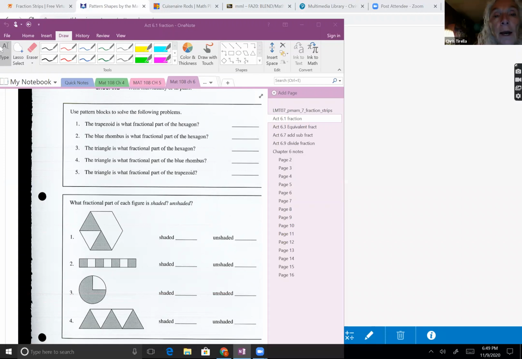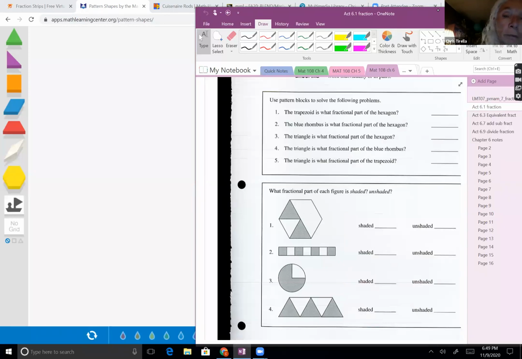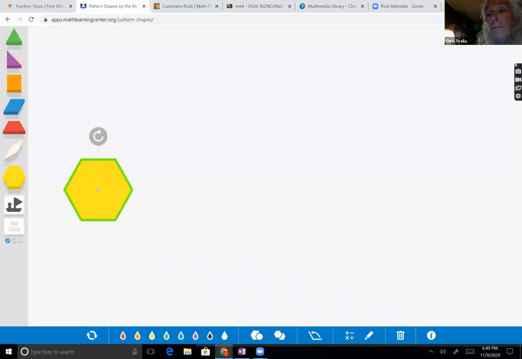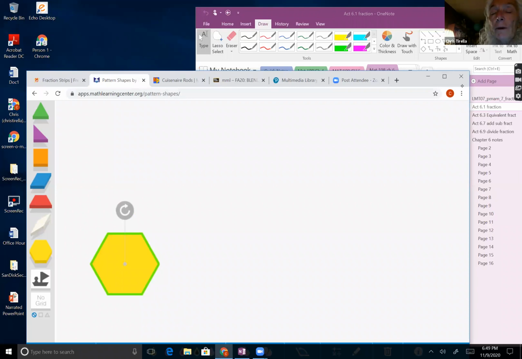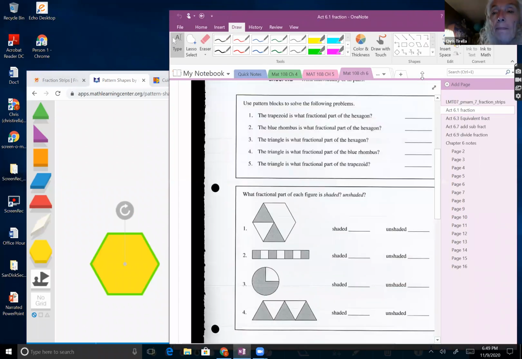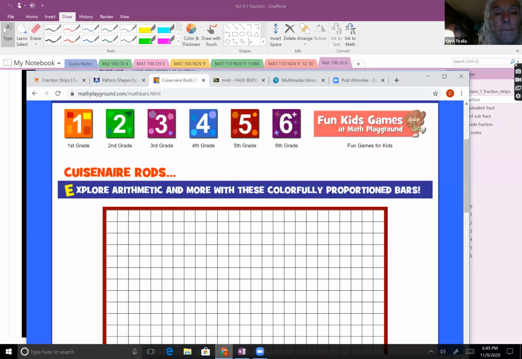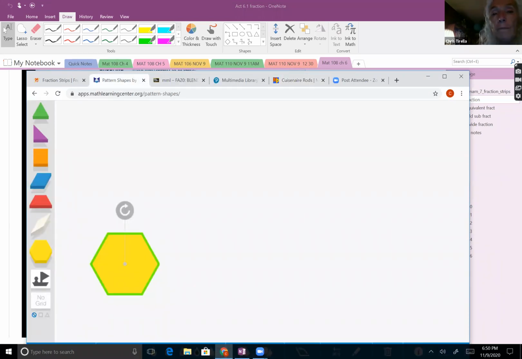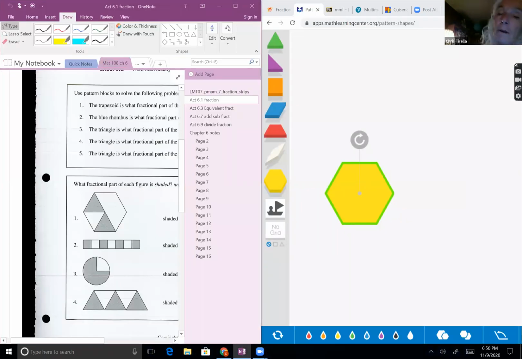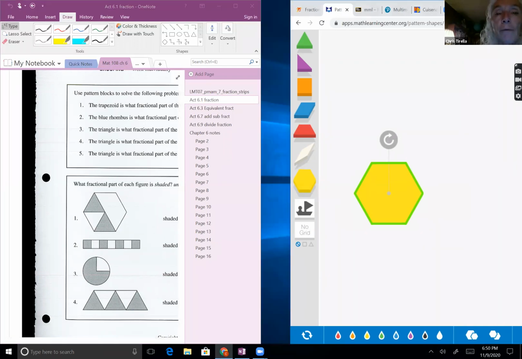And I got this. And so with the pattern blocks, let me try that again. Maybe if I move this one over here. When we talk about the yellow hexagon, we're talking about this shape.